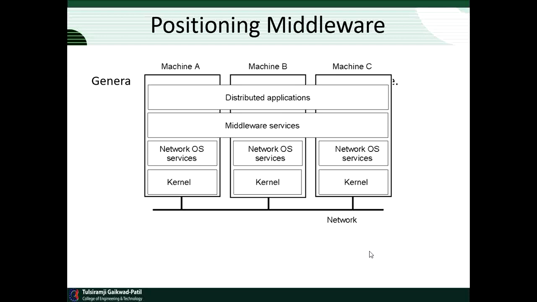The network operating system of each machine will work to connect with the middleware services, which are the services of the distributed system, and they are coordinated among all the machines connected in the distributed system, and they are used to give the output to the users.